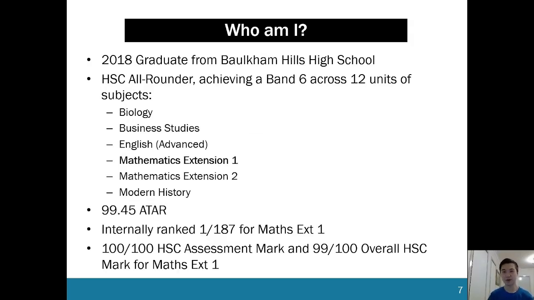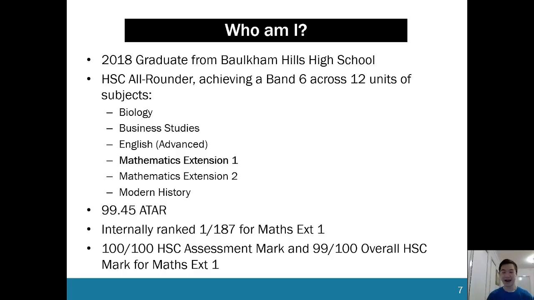So a little about who I am. Some of you may already know who I am if you've been to any of my previous lectures, but my name's Leo and I graduated high school in 2018. Wow, it's been a while since high school.